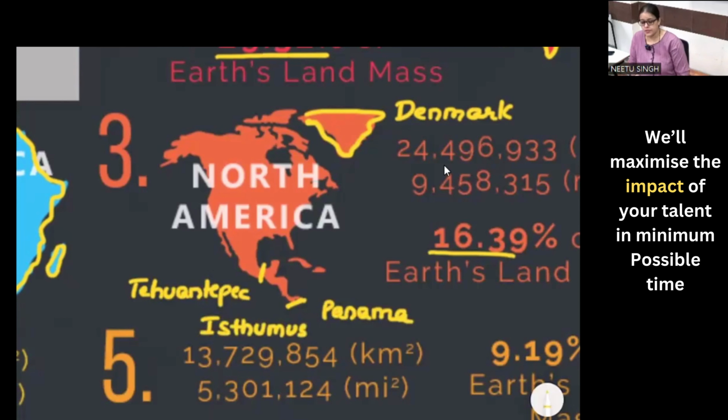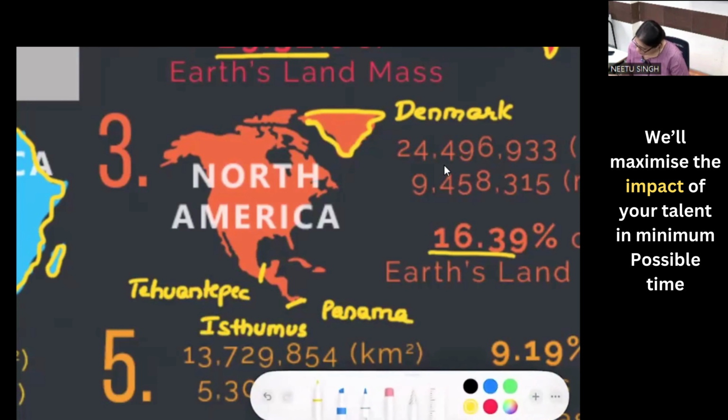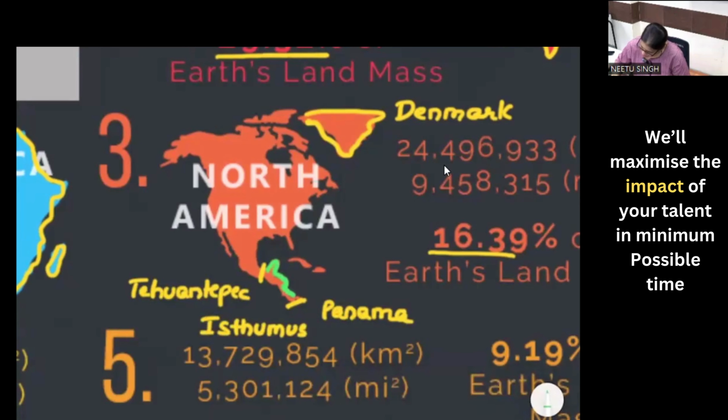Tehuantepec connects North America to Central America. बहुत ध्यान से सुनना, हम आपको क्या बता रहे हैं. So I just use a different color so that it becomes easy. This is called mainland of Central America, and this is called Caribbean Island. ये सब Central America के constituent हैं.